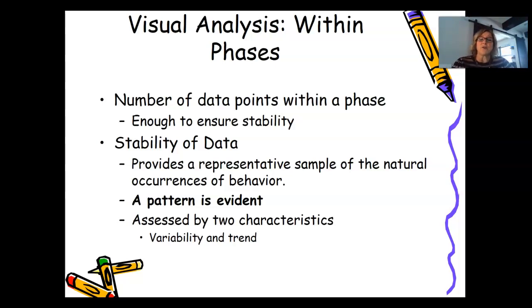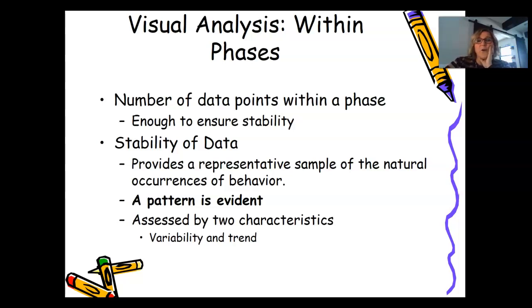And we're looking for stability, meaning predictability. So we can predict where the next data point would likely occur, because if the data are stable, then we know that this likely represents the student's typical performance, of what naturally happens outside of the data collection that you're doing for your study.